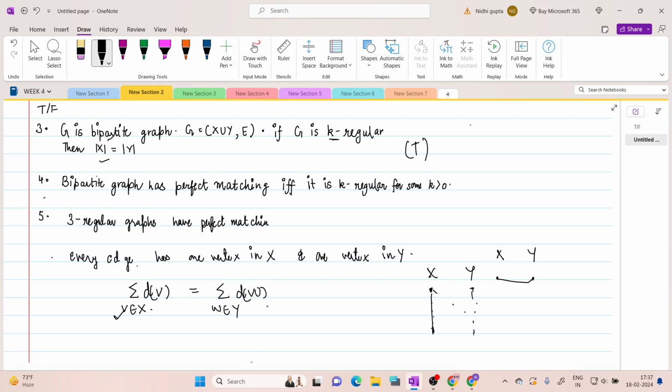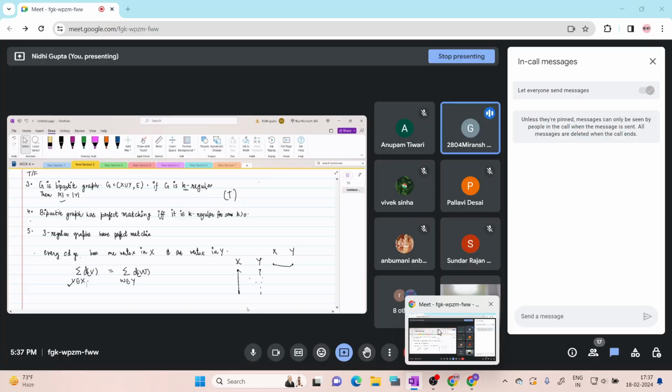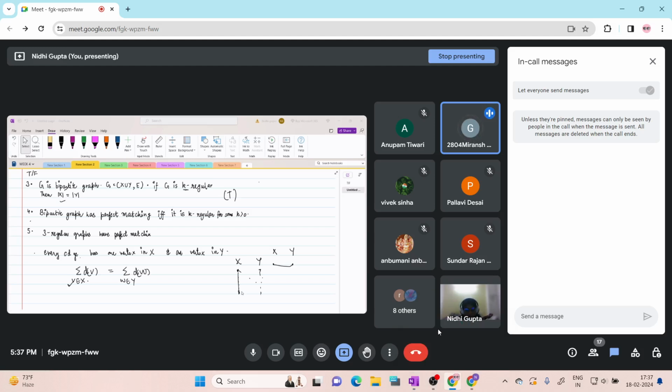Because, ma'am, for k regular it is yes. If we take a vertex in X and make its degree k, then we are joining k vertices from B. And we will be doing it for all the vertices in A, and doing the same with B. So if we are leaving a few for that vertex, when we come to B and make its degrees, its degree needs to be k only.